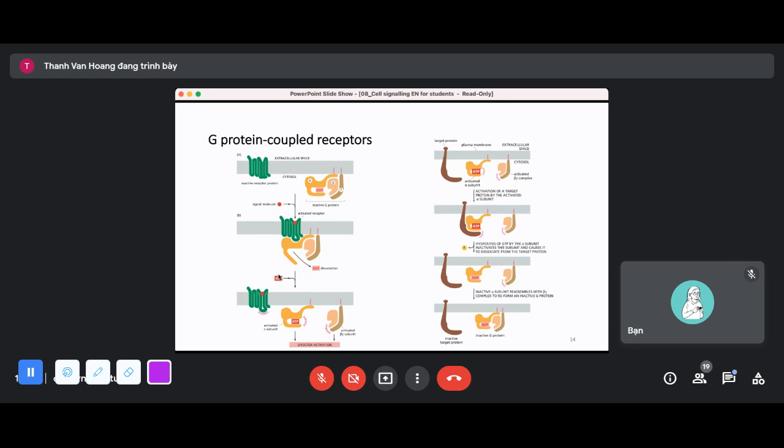The alpha subunit, when it binds to GTP and gets activated, dissociates from the beta and gamma subunits. Both the alpha with GTP and the beta gamma subunit become active, and can activate target genes and induce signals.